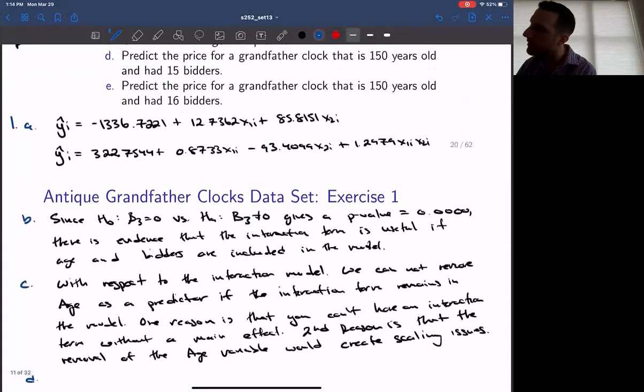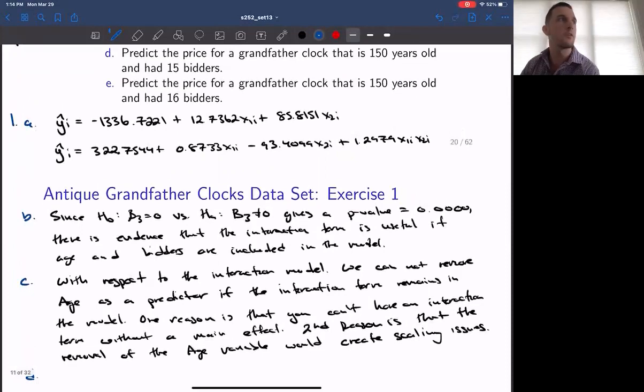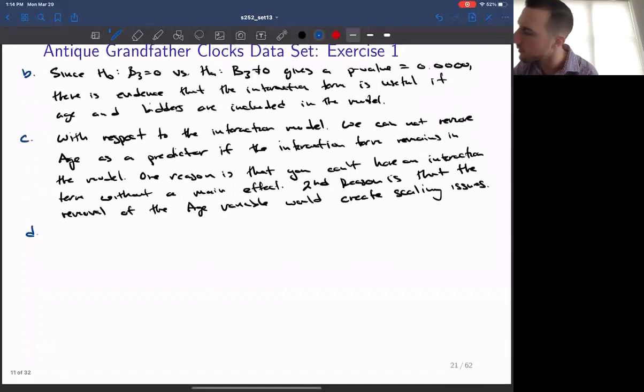Okay, in part D, it says, predict the price for a grandfather clock that is 150 years old and has 15 bidders. All right.